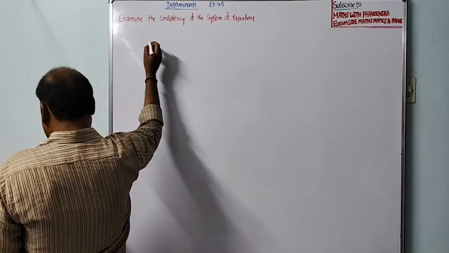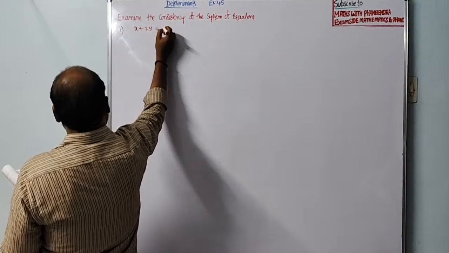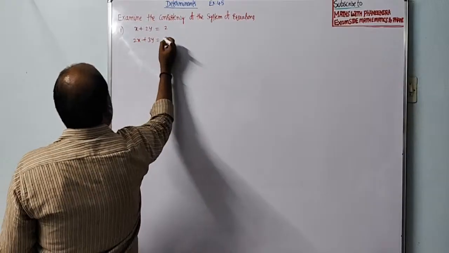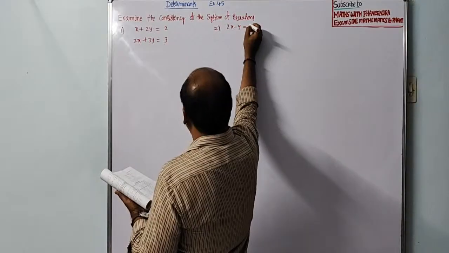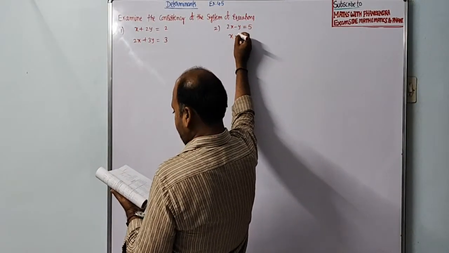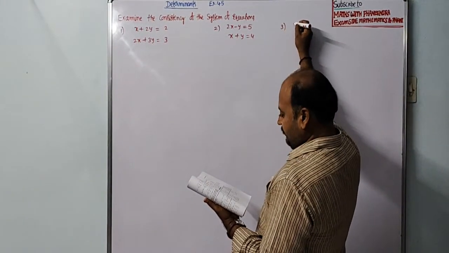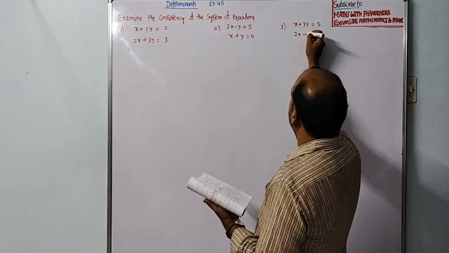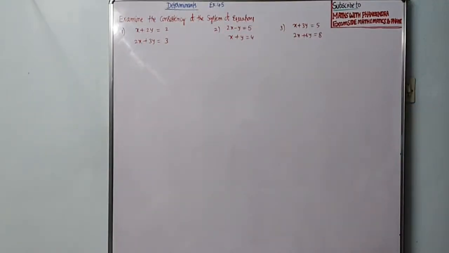Question number 1: x plus 2y is equal to 2, 2x plus 3y is equal to 3. Second one: 2x minus y is equal to 5, x plus y equal to 4. Question number 3: x plus 3y is equal to 5, 2x plus 6y is equal to 8. We'll see whether each is consistent or inconsistent.